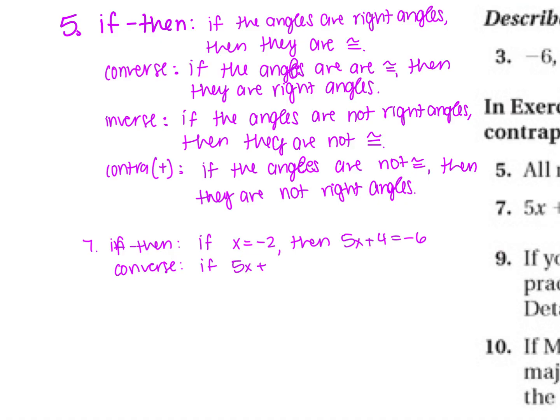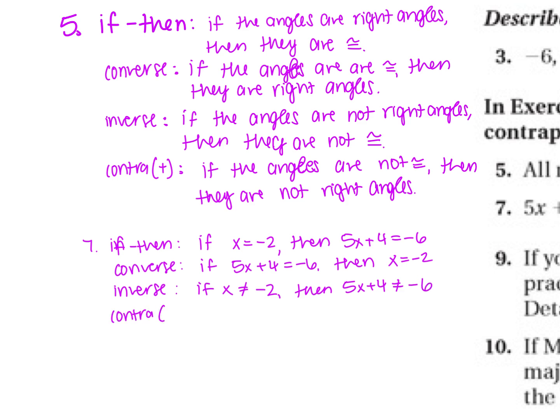If 5x plus 4 equals -6, then x equals -2. Inverse, if x does not equal -2, then 5x plus 4 does not equal -6. And contrapositive, if 5x plus 4 does not equal -6, then x does not equal -2.